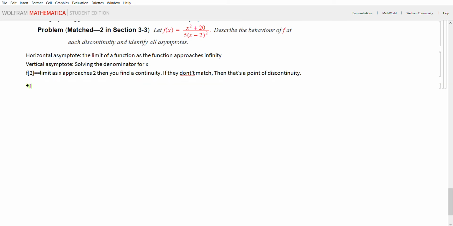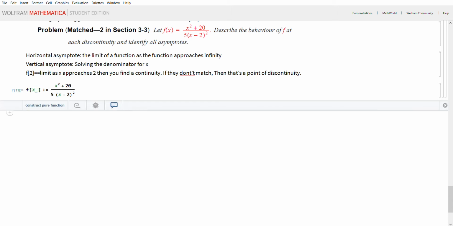So first thing we're going to do is define our function f of x, don't forget the underscore, set up the rule by colon equals, and now the function is, press control divide gives you the fraction, x, control 6 gives you the power, plus 20, arrow down takes you to this part, then add 5 times x minus 2, all of that to the second power. And then once you press enter, it turns green, which means now it's in a function. Shift enter defines it as a function.